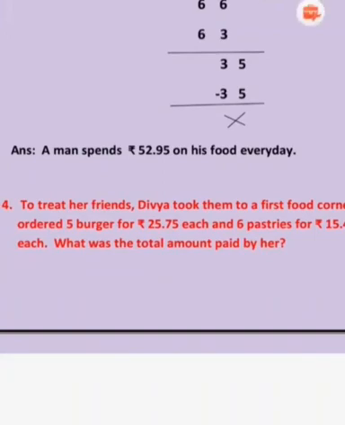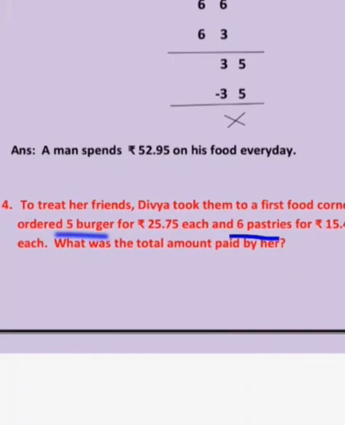So, let's read the question again. Divya went to a fast food corner and she ordered burgers and pastries. How many burgers did she order? 5 burgers. And how many pastries did she order? 6 pastries.